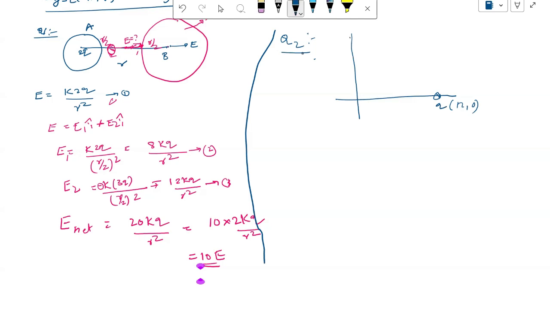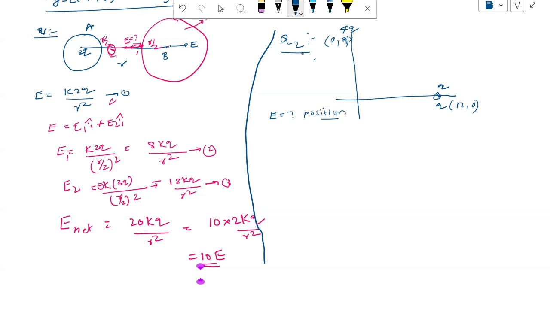Another charge Q is at 0 comma 9. These are in the XY plane. Here there is a 4Q charge, and here a Q charge. We are asked to find at which point or position the field is 0.